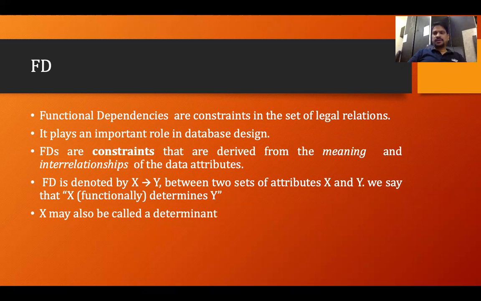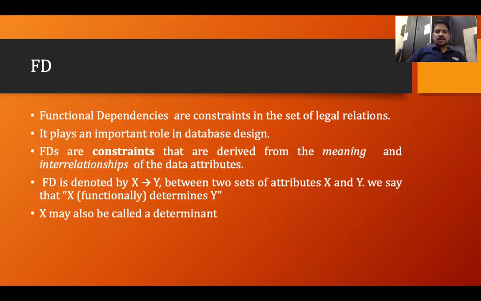If you have a table of a student, we have many attributes, right? We have roll number, name, let's say the address of the student, the branch, the semester. All those are attributes, right? So if one attribute in a table is dependent on another attribute of the table, that is called functional dependency.